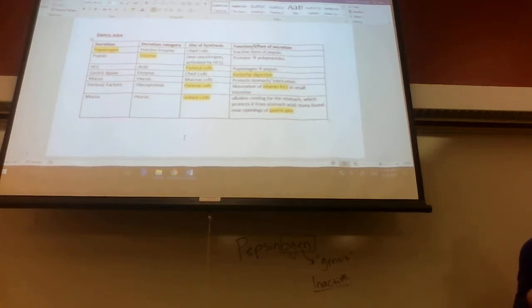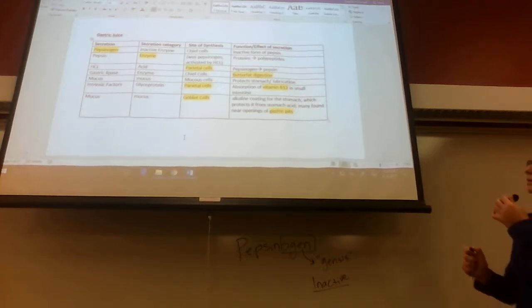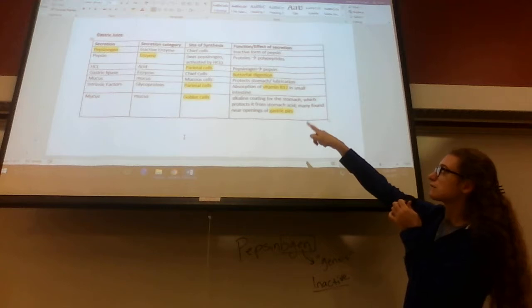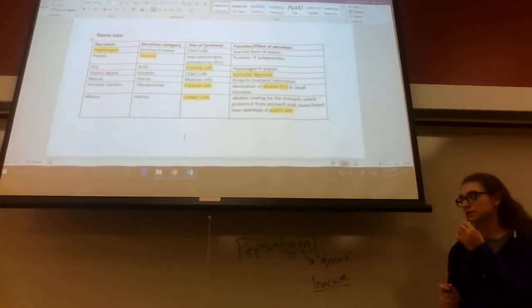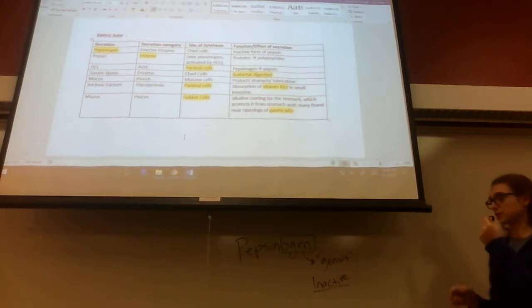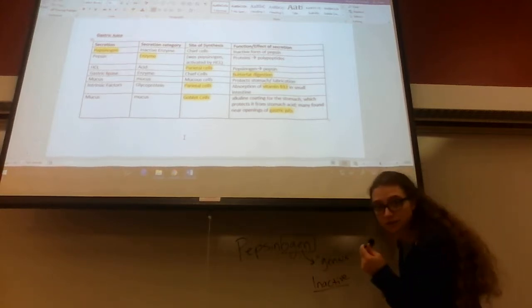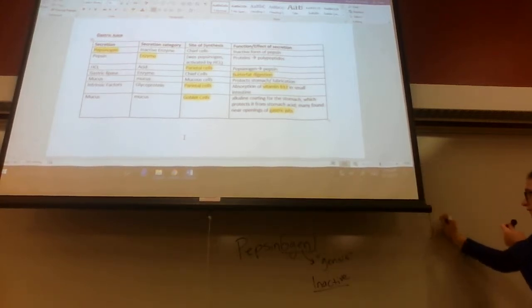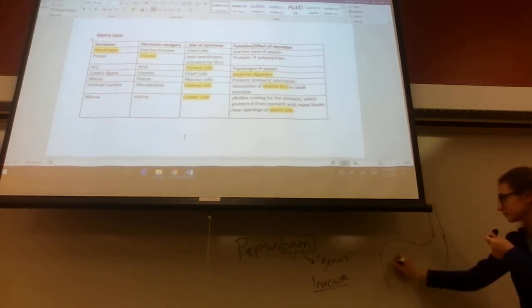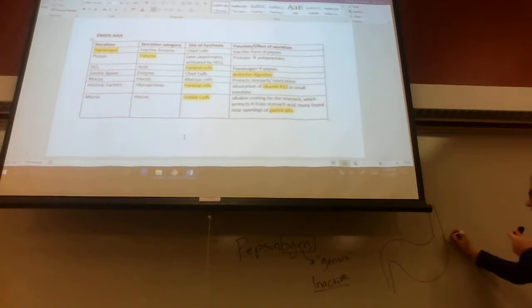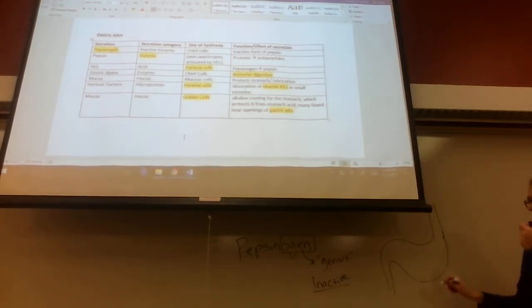Yeah, until it's stimulated, but combined with another enzyme too. So as you can see, pepsinogen is secreted from the chief cells, and it's the inactive form of pepsin. So when you have your stomach, there's no food in there, right?